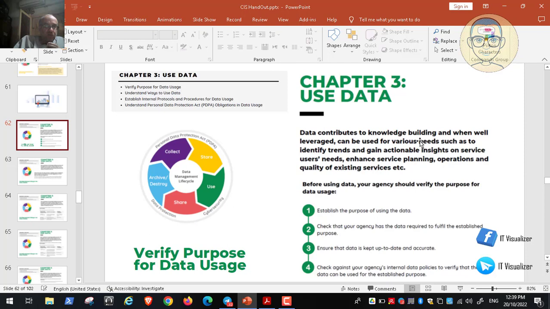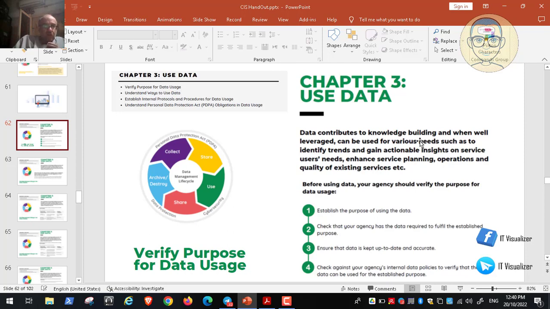You need to have an internal policy to use the data: what departments use what type of data, and the exchange of data between these departments. There should be a policy for this, and also a policy for using personal data.